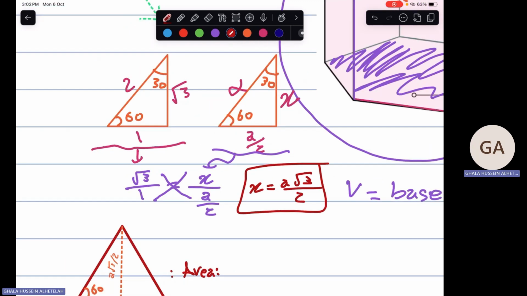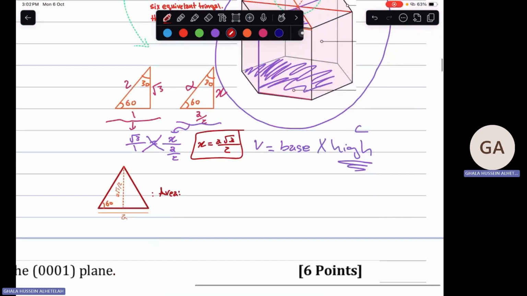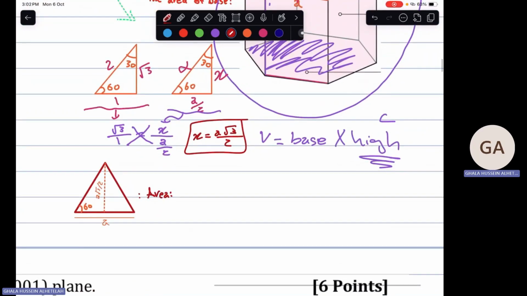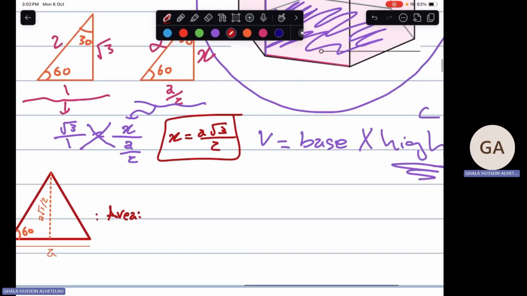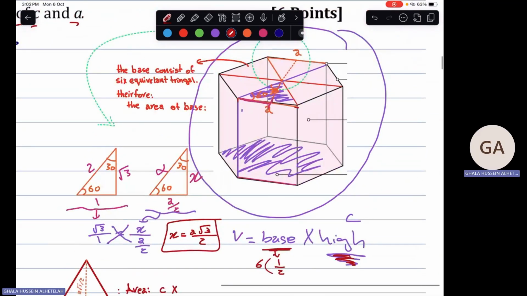طيب، تمام. إيش الاريا راح تطلع لنا؟ راح ناخذ الهايت which is c multiplying by the base. طيب البيس إيش عبارة عنه؟ إحنا قلنا إن عندنا أول شيء عندنا 6 مثلثات. طيب المثلث الواحد كم القانون حقه؟ عندنا half multiplying by the base of the triangle, which is all the base.